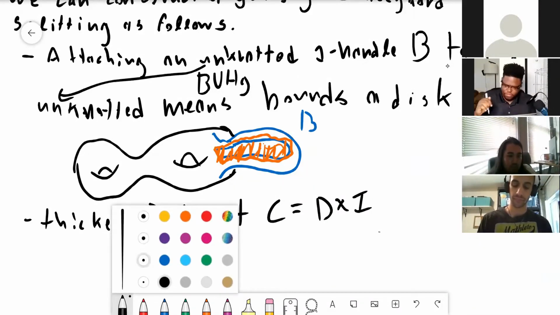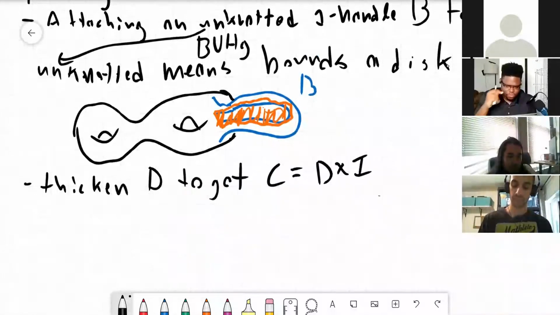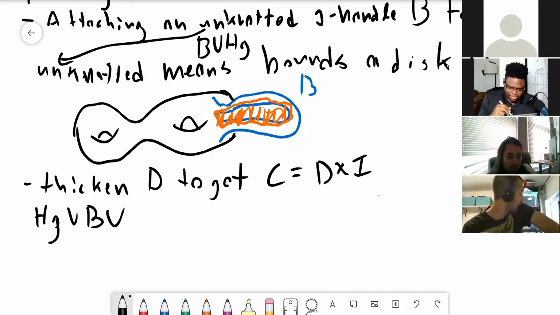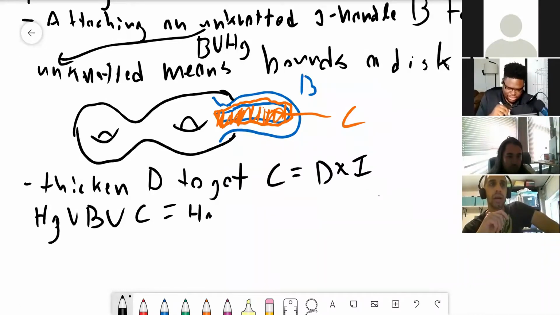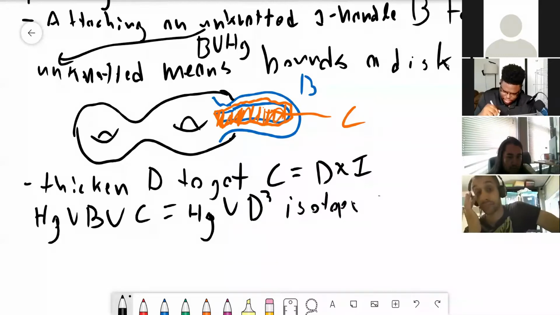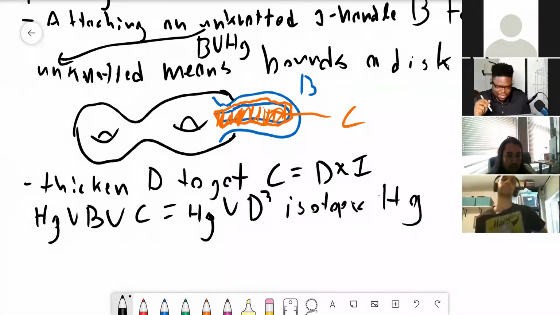And what you notice here is that if I take H_G and then add on this one handle B, and then add on C, well, this is just H_G with the 3-ball added on, right? Which is isotopic to just H_G that we had in the beginning.